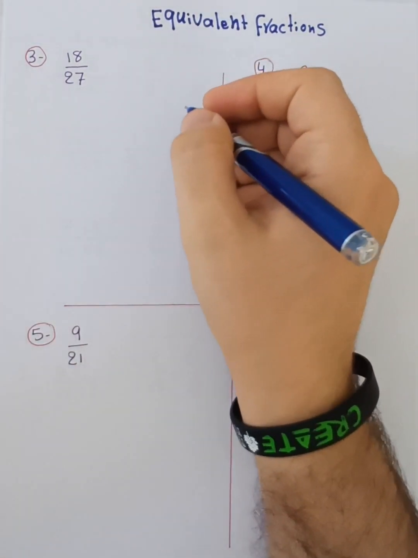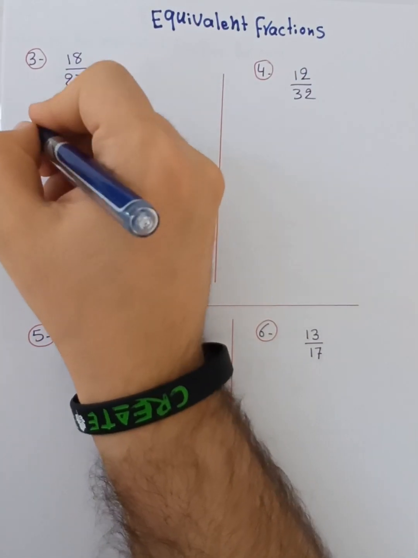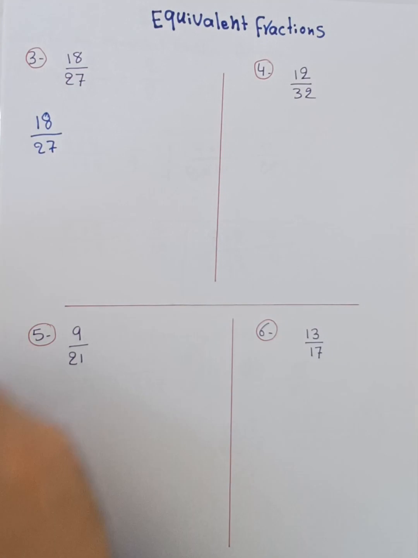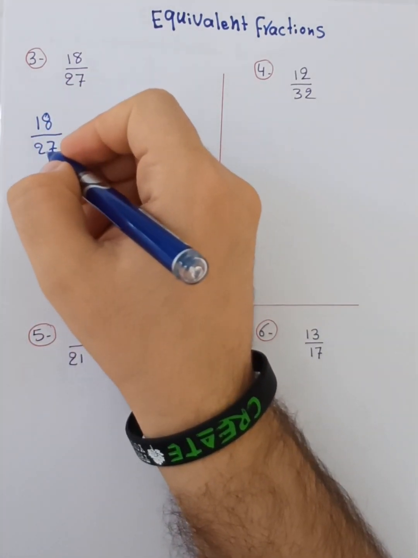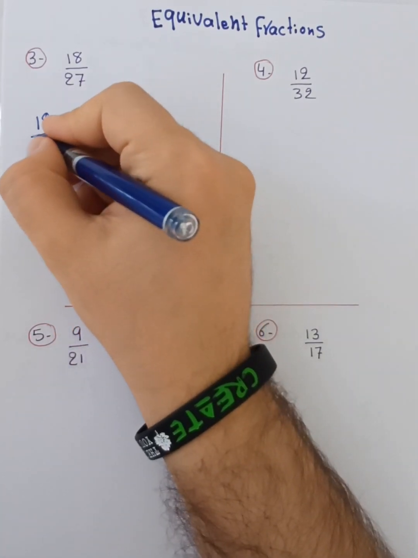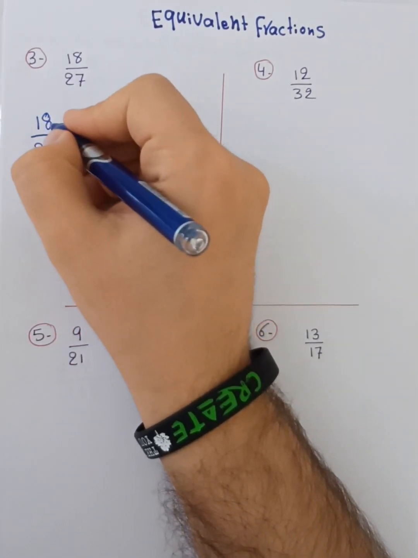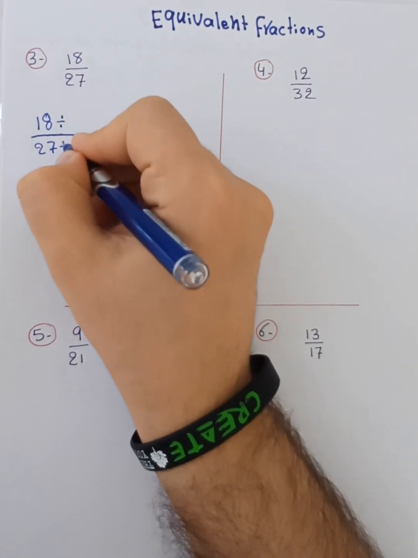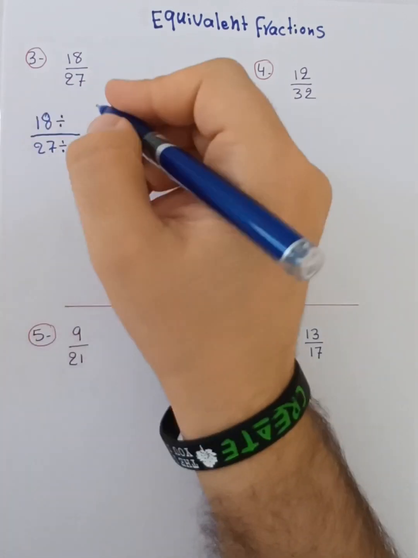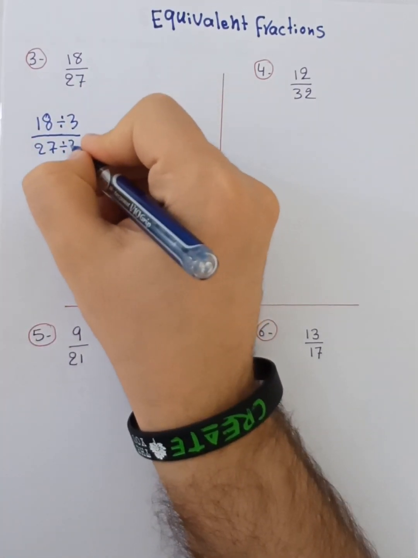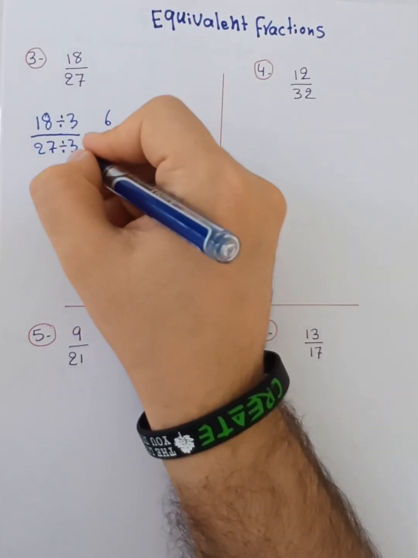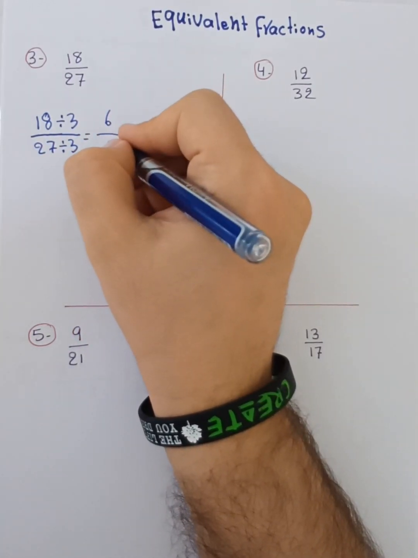After that, another example, number 3, we have 18 out of 27. This number is even, but 27 is not even, so we can't start by dividing by 2. But if we think 18 and 27 are both multiples of 3, we can divide both by 3. 18 divided by 3 is 6, 27 divided by 3 is 9.